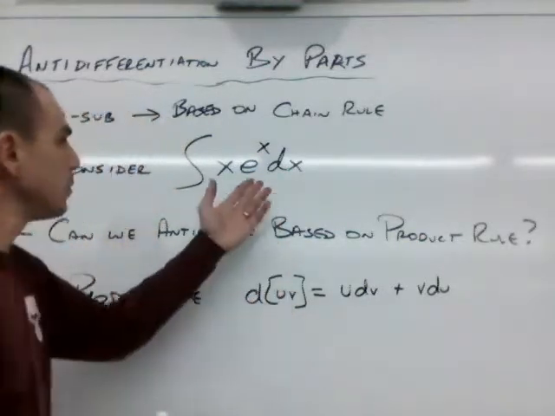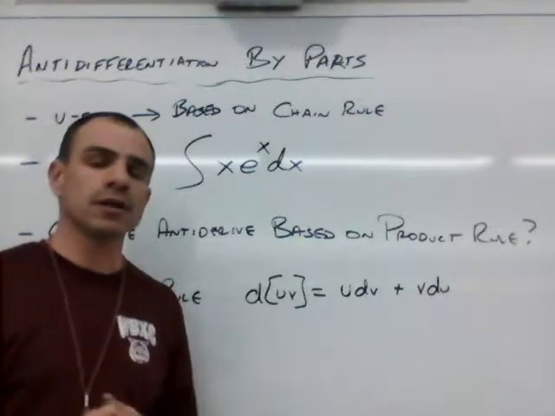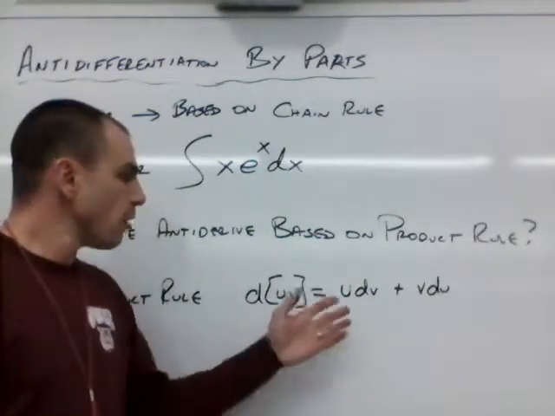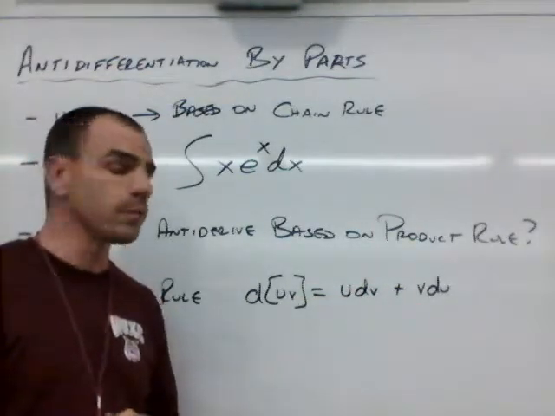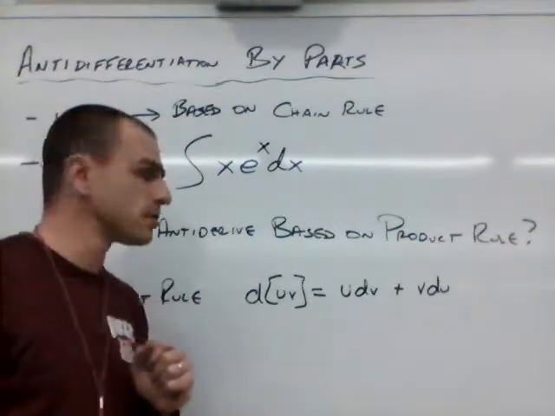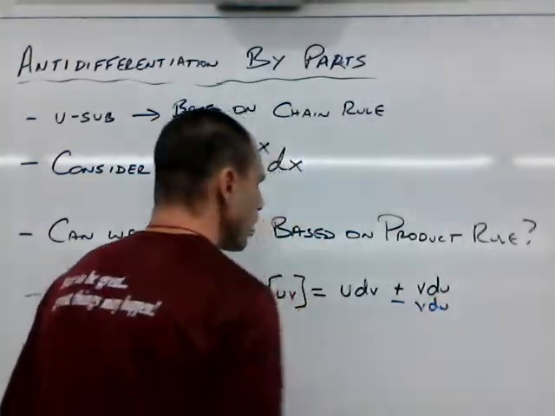How does that relate to this x times e to the x? Here's what we're actually going to do. We're looking for expressions that involve antiderivatives. So what if we take this equation involving the product rule and modify it just slightly? I'm going to subtract v du from both sides.